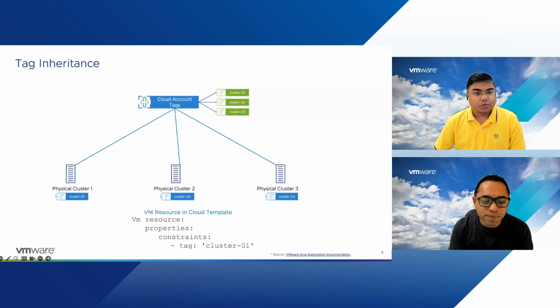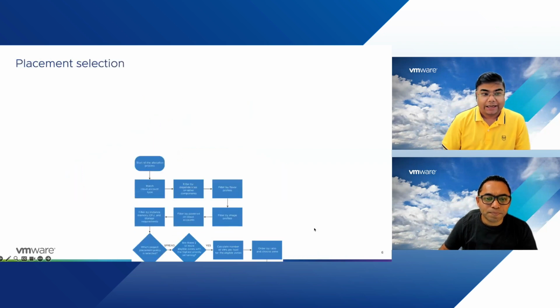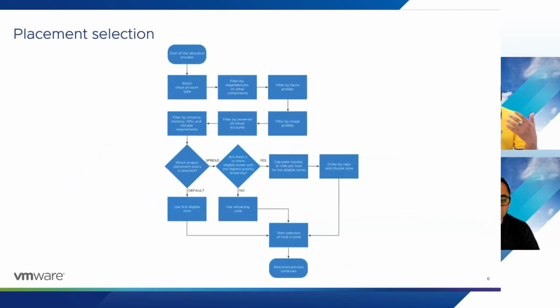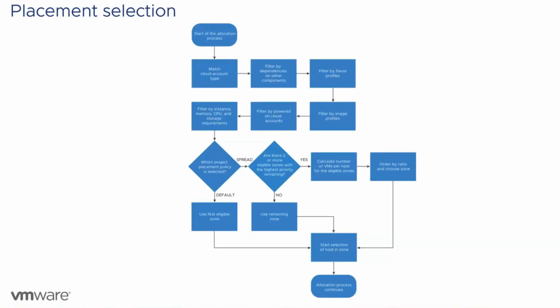Right. So how that is selected is based on this flowchart, actually. It starts with the allocation process: match the cloud account type, filter by dependencies on the other components, then filter by flavor, filter by image profiles, then filter by powered on cloud accounts, filter by instance, then which project placement policy is selected first.